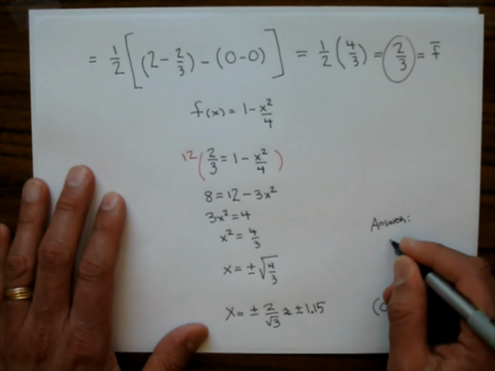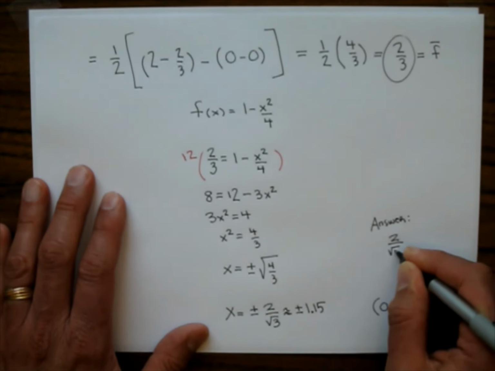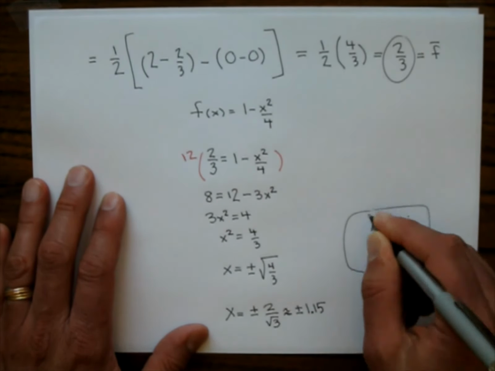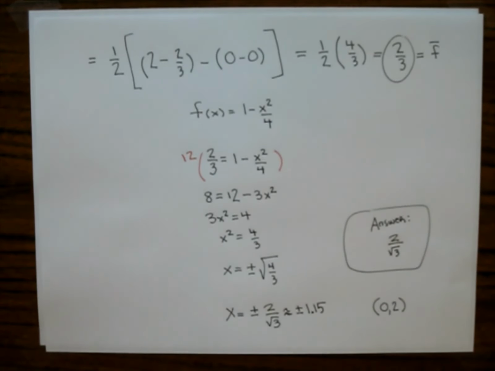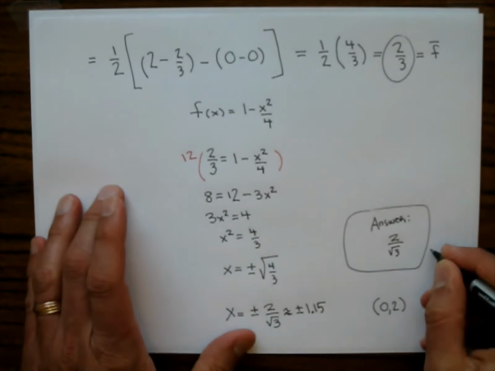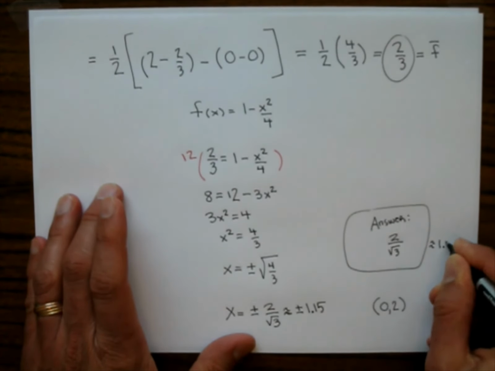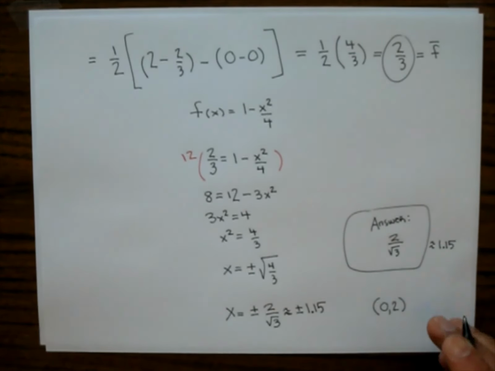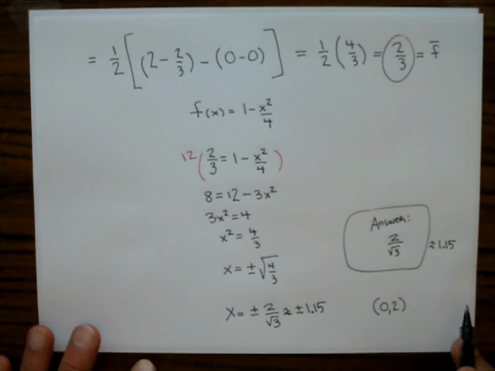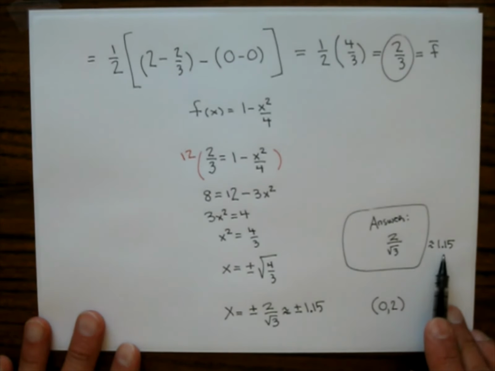It happens to be 2/√3, which is 1.15. And so basically that is a time. So the time is 1.15. And if this was the velocity function, you would say the instantaneous velocity at 1.15 equals the average velocity over that time interval, the average velocity over that time interval being 2/3.